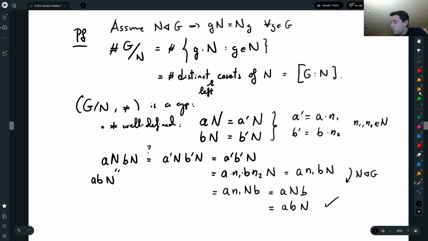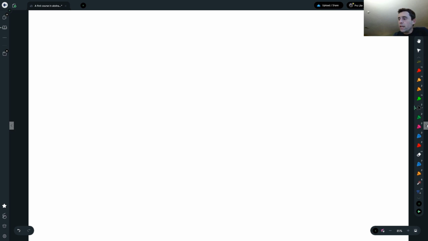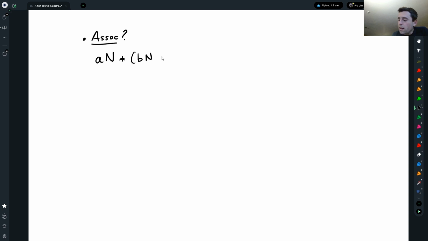Great. So that is the first step. The multiplication of my group is well defined. What other properties do we need? We need associativity. Is multiplication associative? So I'm going to do aN times bN times cN, and I want to show that that is the same as if I move the parentheses around.